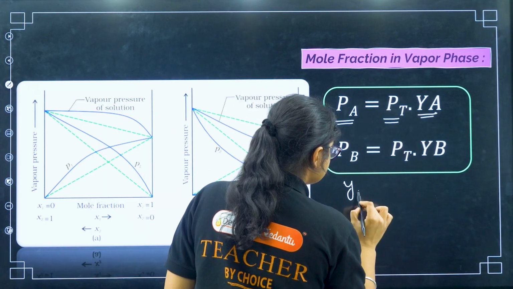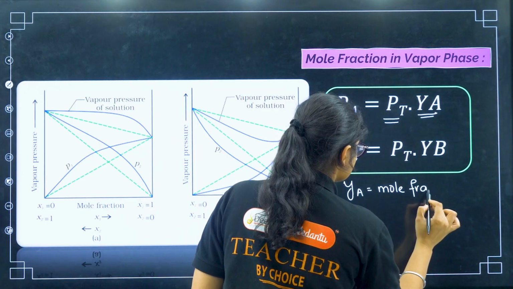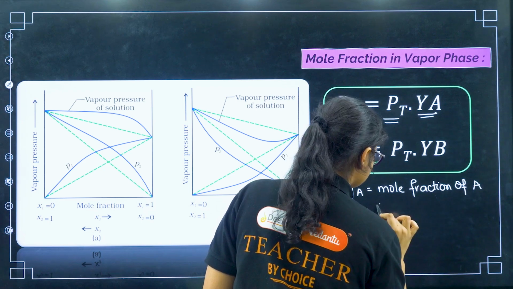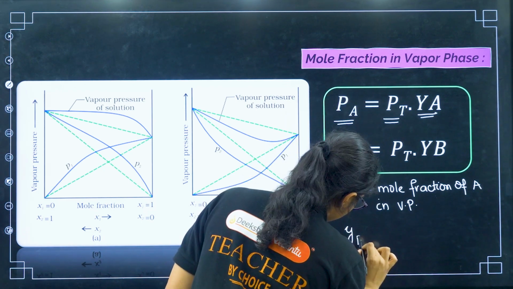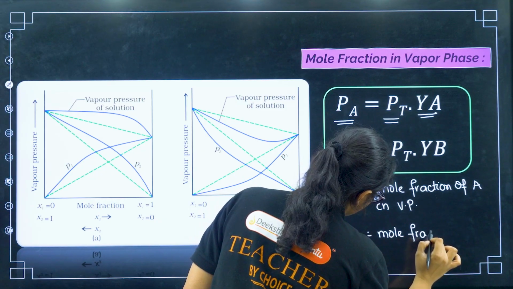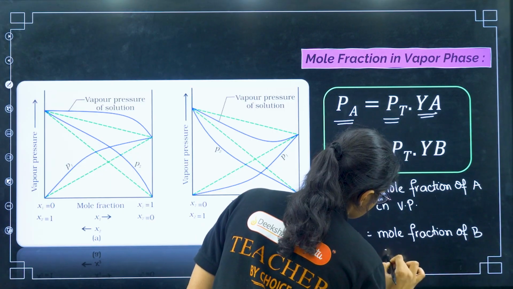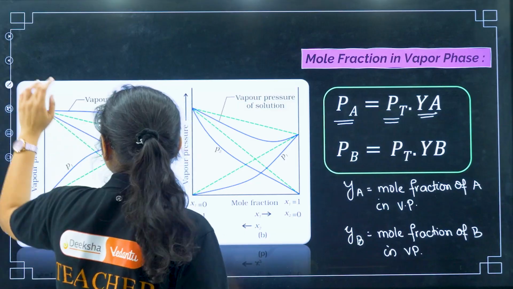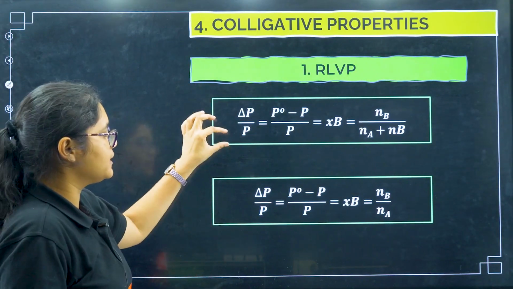YA is the mole fraction of A in vapor phase, and YB is the mole fraction of B in vapor phase.